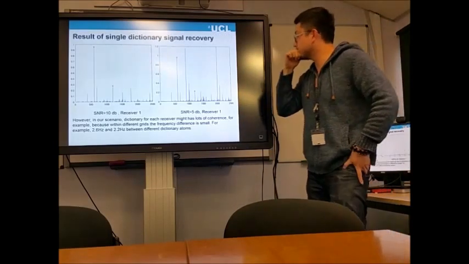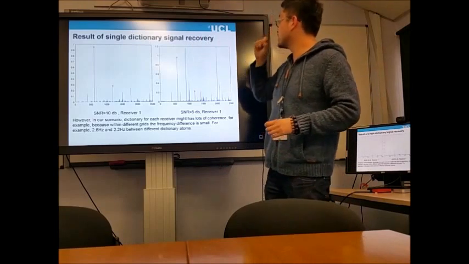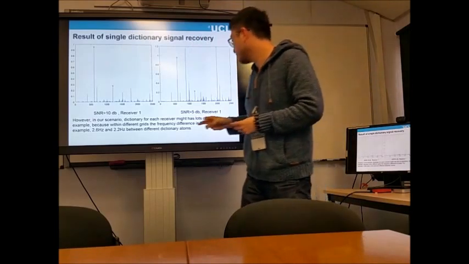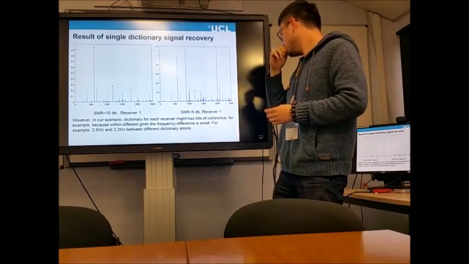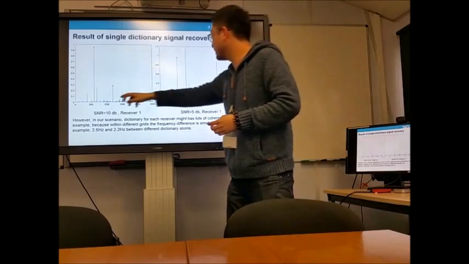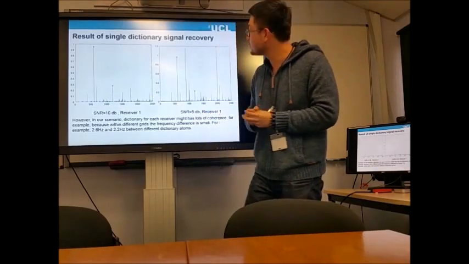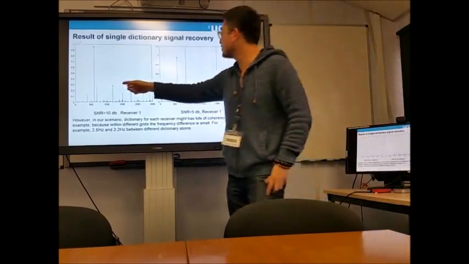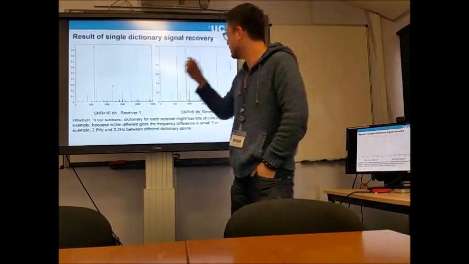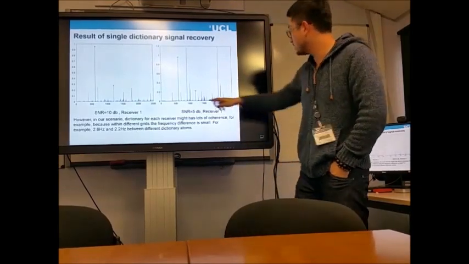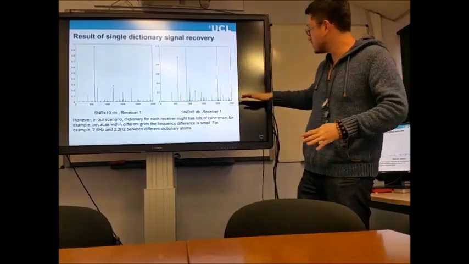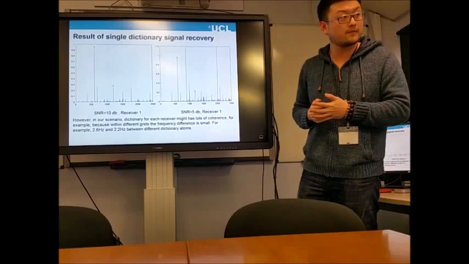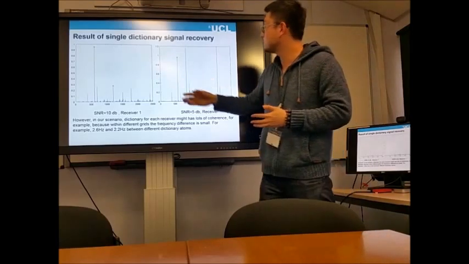Yeah, and here's the result for the single dictionary signal recovery problem. The ground truth is the red one, which is the red star. What's the axis of the plots? Here, the axis is the number of grids. Is that range or time?